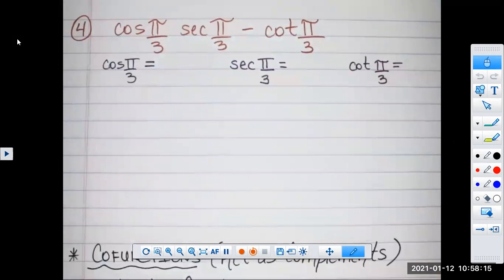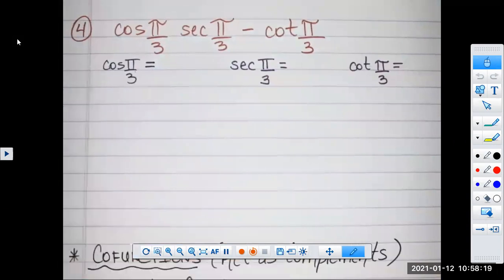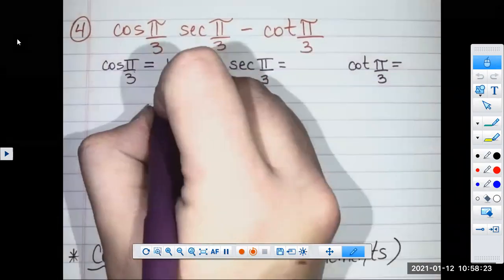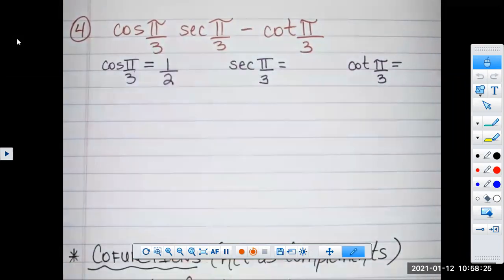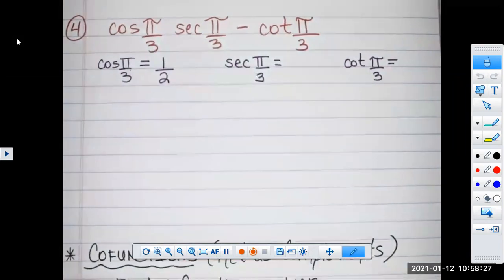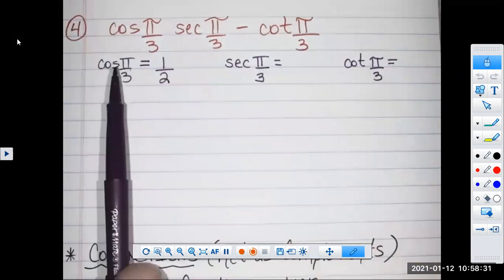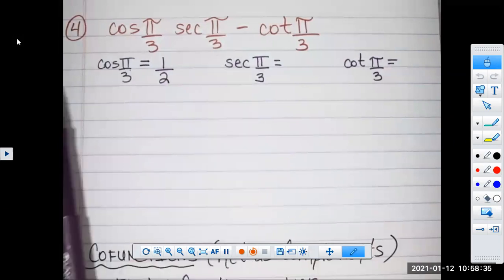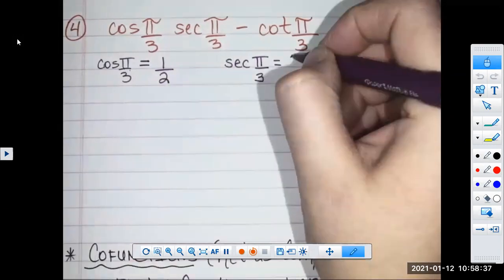What's 180 divided by 3? 60. So cosine of 60 degrees is 1/2. Secant of pi over 3 is simply cosine flipped over, and it's the same angle. So this is going to be 2.